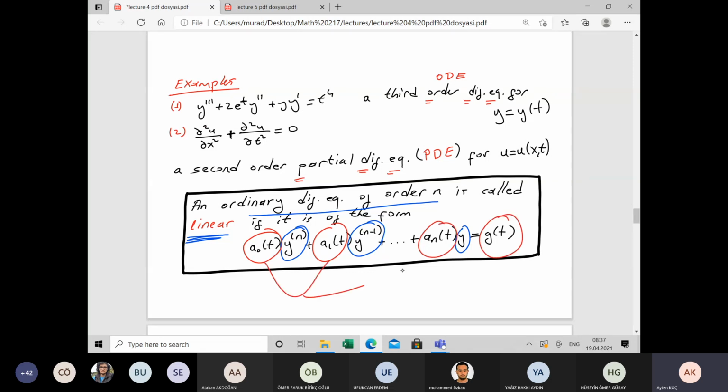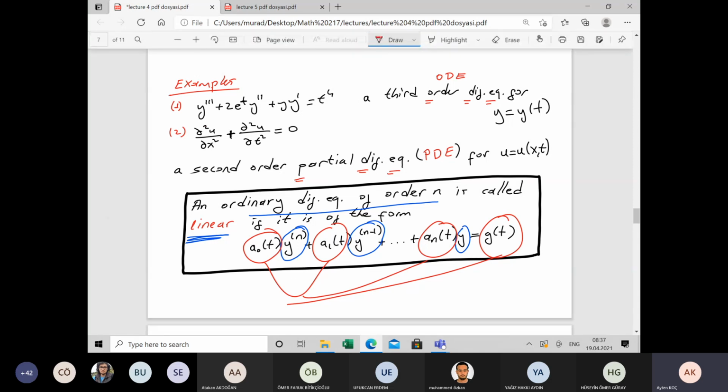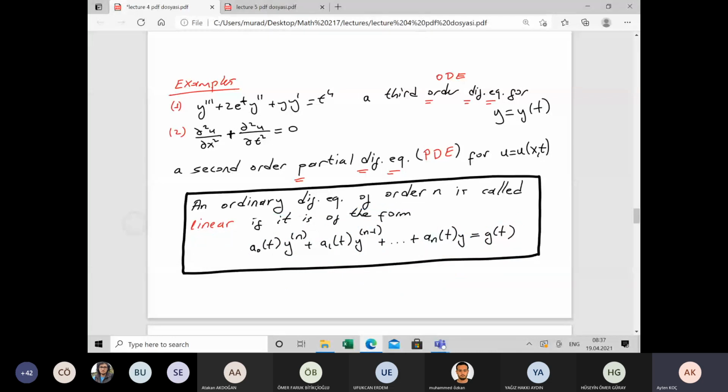All of them are functions of t, and do not contain y double prime, y prime, or so on. They contain only t, the coefficients are functions of t only. If our equation is in this form, we can say that our equation is linear. Otherwise, it's called non-linear.